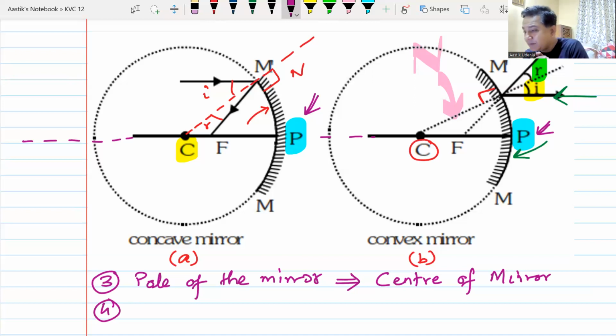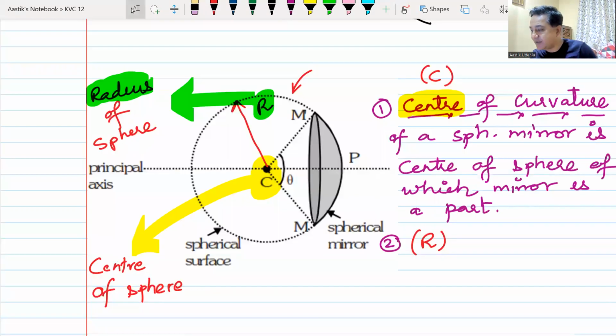So pole is coming first, then comes the next thing that we were talking about. Do you see this line, beta? I might take you to the previous diagram.